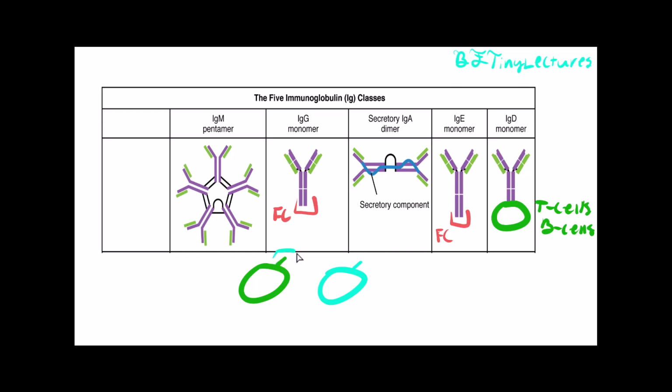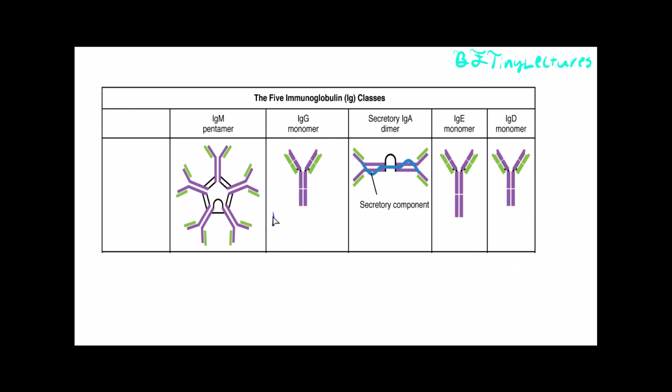But these guys right here, these are actually IgD. They are IgD. So the IgD is going to be making the receptors for immune cells. And that's why we don't really talk about IgD. We don't really test for it in the blood. But what we do test for is IgG, IgM, IgA, and IgE.